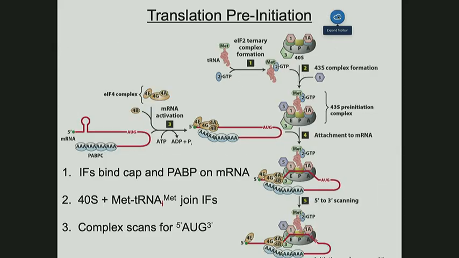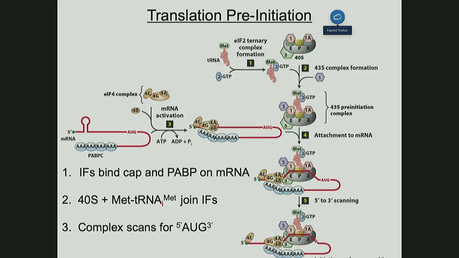All right, so remember when we said the 3' end that has that poly A tail of a messenger RNA gets bound by poly A binding proteins and that this is important for translation? One of the reasons is this poly A binding protein actually helps stabilize the binding of initiation factors to the 5' cap.